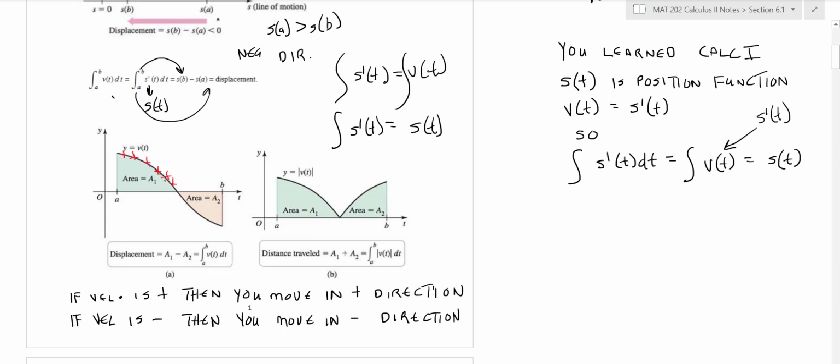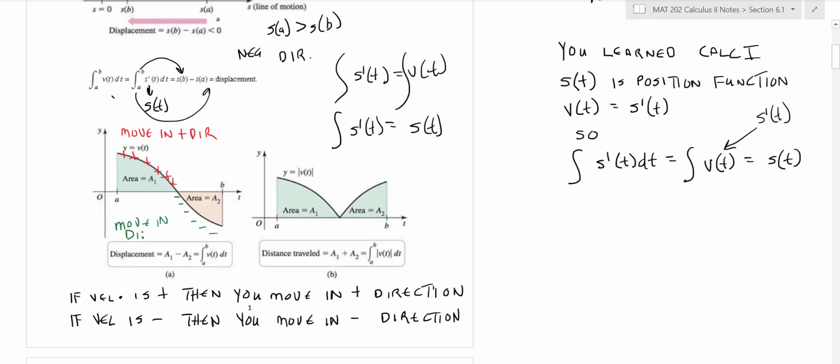All those y values are above the x-axis, so that means right here you're moving in the positive direction. But when you get down here, all of the velocities are now negative. So from here to here, you are moving in the negative direction.